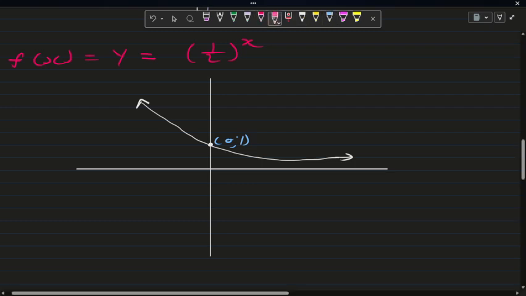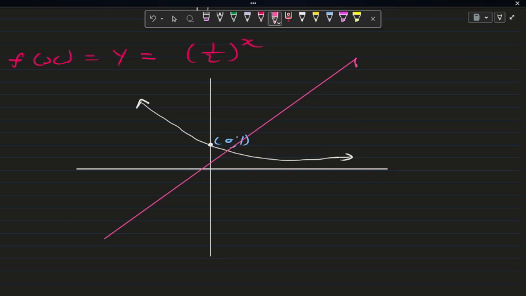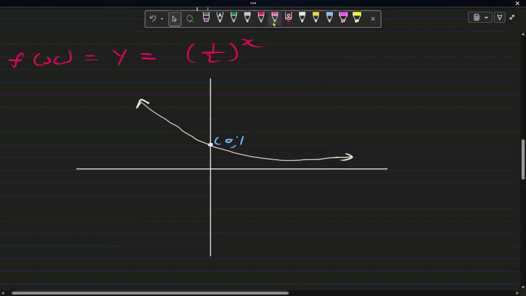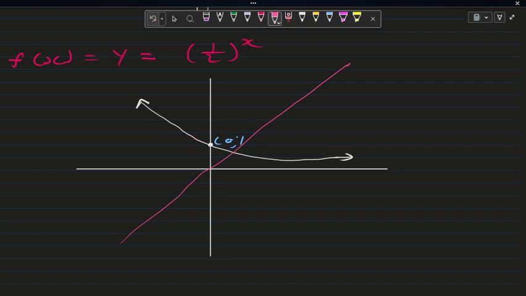To get the inverse, we know that the inverse graph is the reflection of the white graph over this pink line. So our f inverse would look something of this sort.